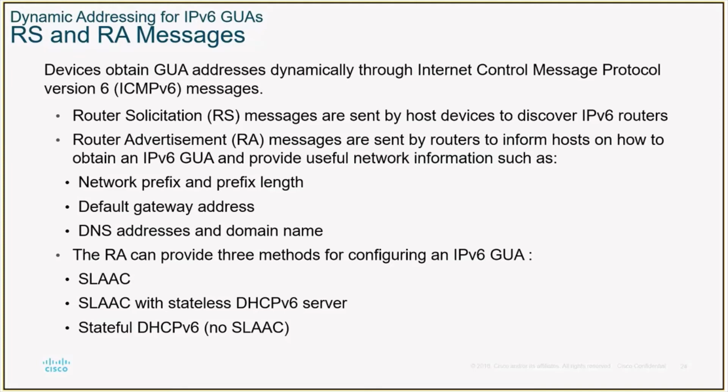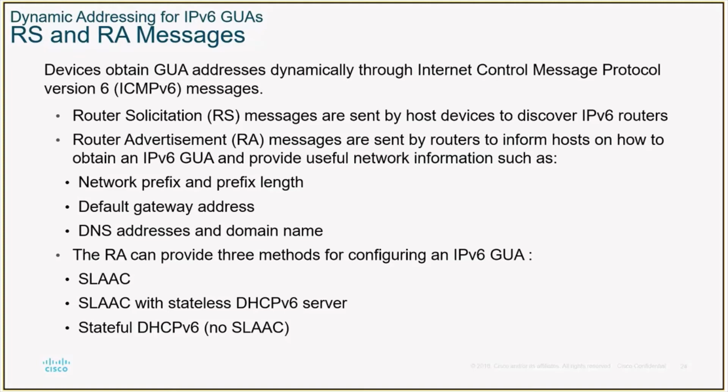Instead of a DHCP discover message, which is what an IPv4 host does when it wants a dynamic address, an IPv6 host actually sends out a router solicitation. So, hey, is there a router out there? That's basically what it's saying. And it's multicast, and only routers will listen for the destination address that multicast is sent to.